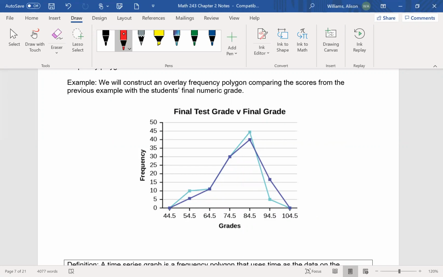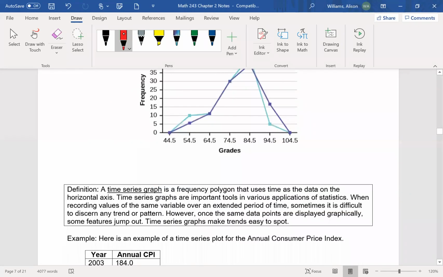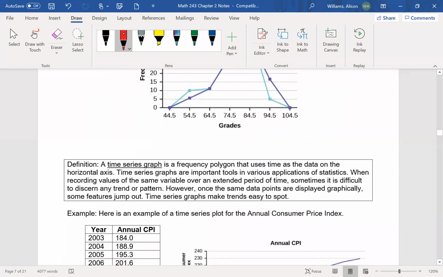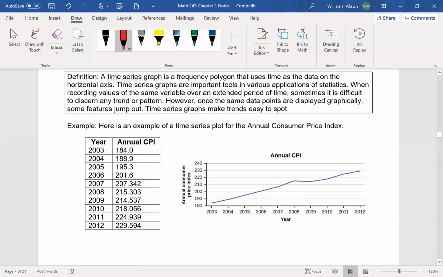Now, there is one special type of frequency polygon called a time series graph. This is when we use time as the x-axis. So like in this example down here, the annual consumer price index, which is looking at cost being spent by the consumer annually, we notice that it is trending upwards. And that's what this gives us, is an opportunity to look for trends. But a time series plot is just a frequency polygon.